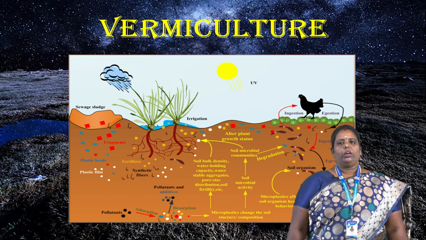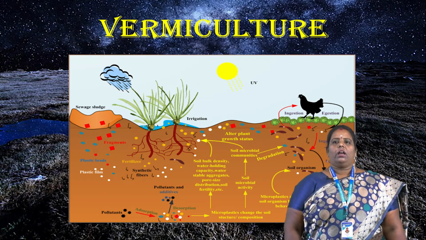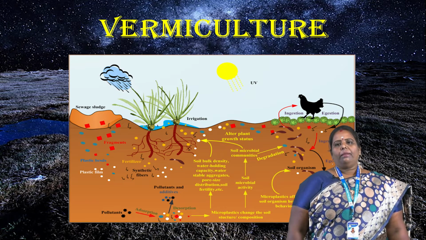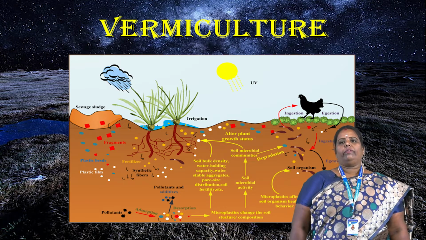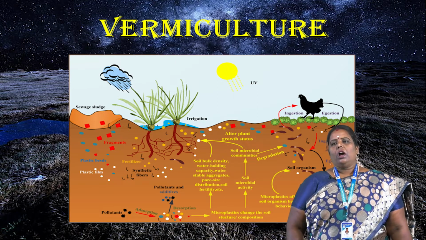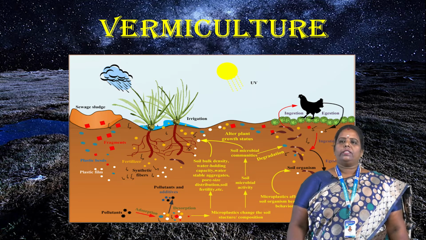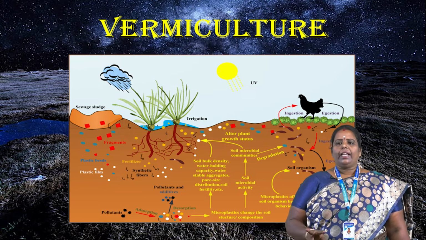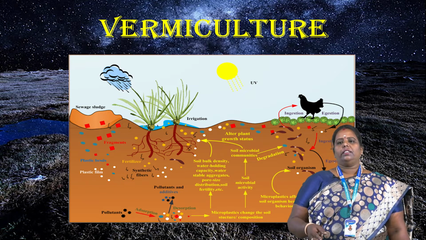Next, there is a cyclic process. The earthworm occurs in the soil with plant matter and also some fertilizer and synthetic material. After that, it goes through digestion. What cyclic process occurs in the soil?